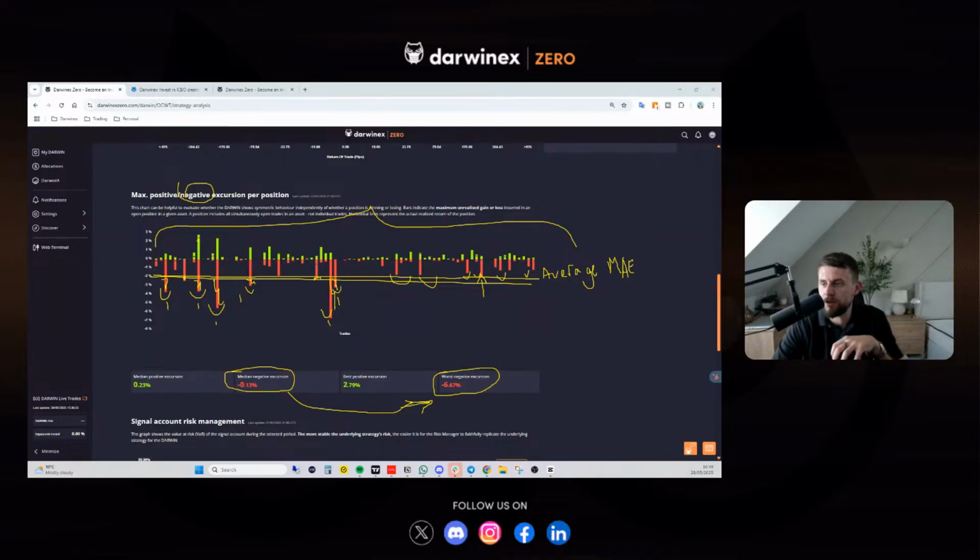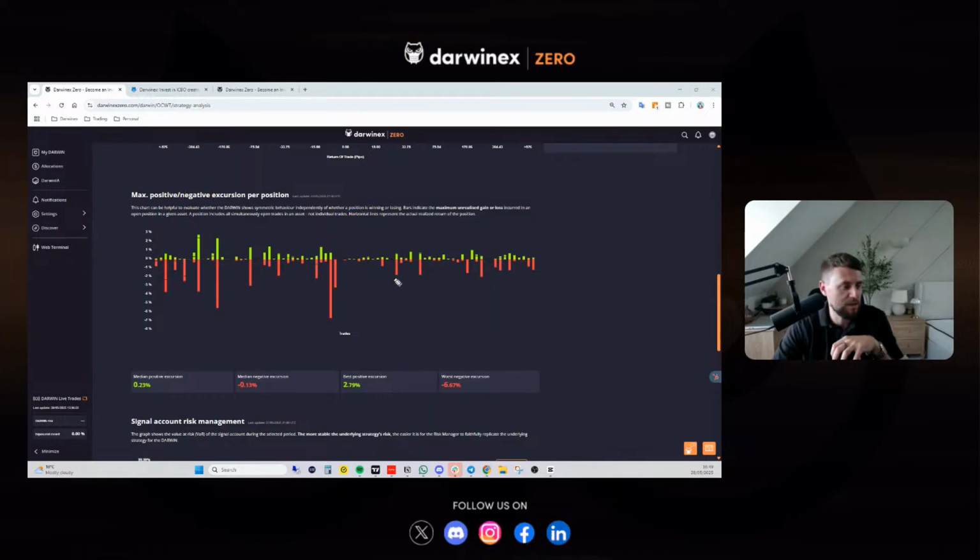It does look like you made changes because from here on, all of this period here is very consistent, whereas this is a little bit sporadic, even to the upside as well. So this is kind of what we would want to see, and this is a little bit too sporadic.